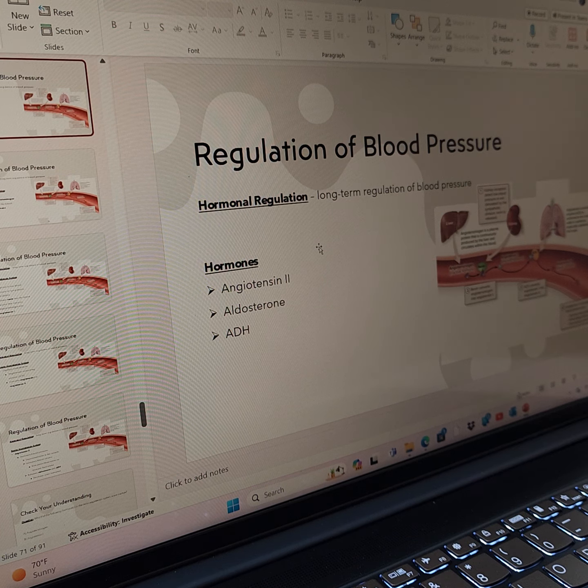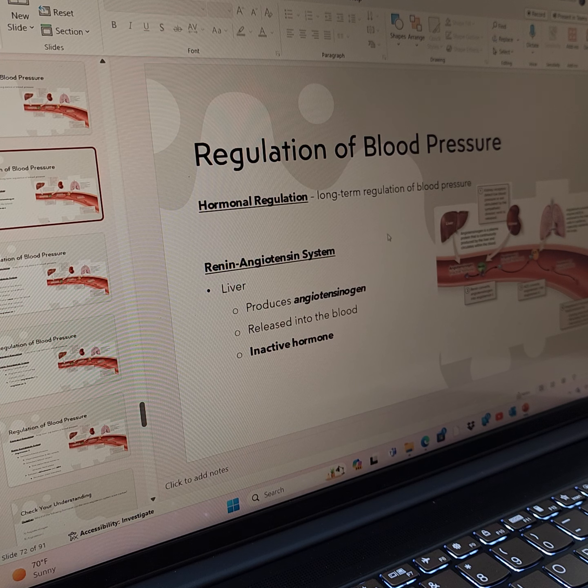Renin converts angiotensinogen into angiotensin 1. Step 3 is the conversion: ACE converts angiotensin 1 into angiotensin 2. And then angiotensin 2, step 4, increases blood pressure by causing vasoconstriction, stimulating your thirst center, and decreasing urine formation.